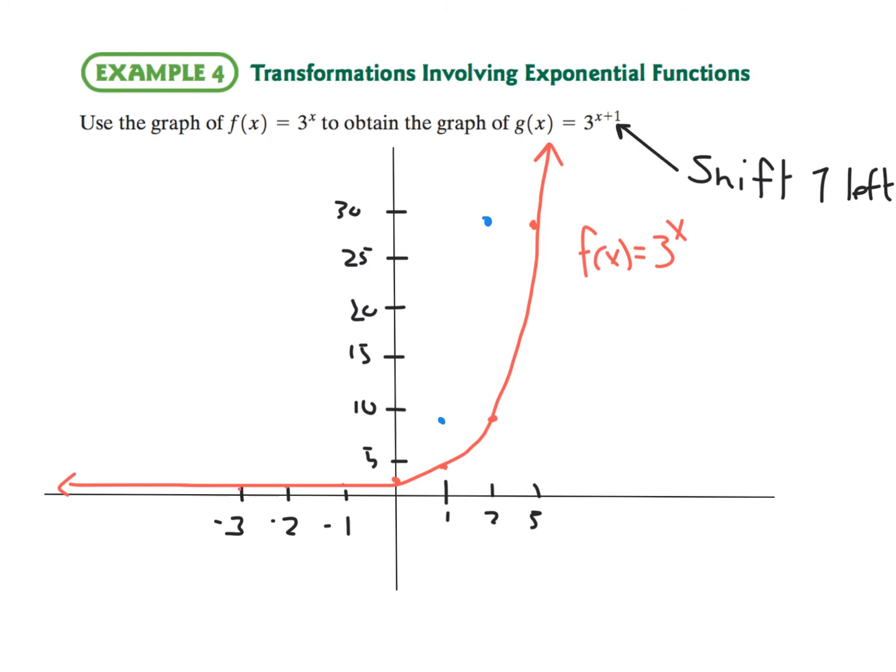This point's going to be there, there, there, and so forth. And when I draw my line, okay, our blue graph is going to be g of x is equal to 3 to the x plus 1.